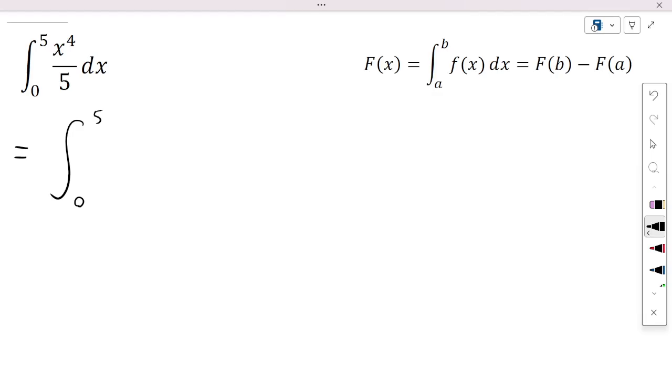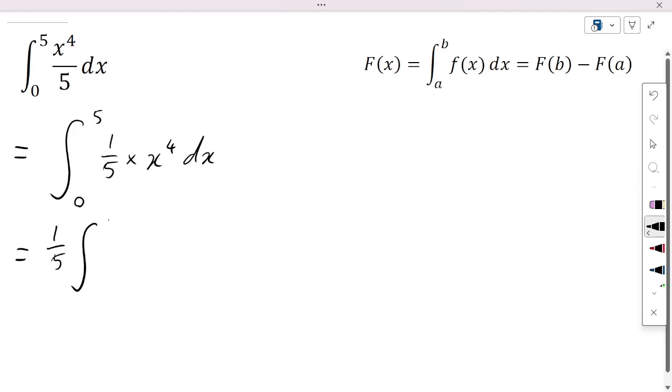If we break this down, we can write it as 1 over 5 multiplied by x to the power of 4, with respect to dx. Because this is a constant, we can take it outside of the integral, meaning it will be 1 over 5 multiplied by the integral, where 5 and 0 are the upper and lower limits respectively, of x to the power of 4 with respect to dx. Can you see how we made it a little bit easier to read now?